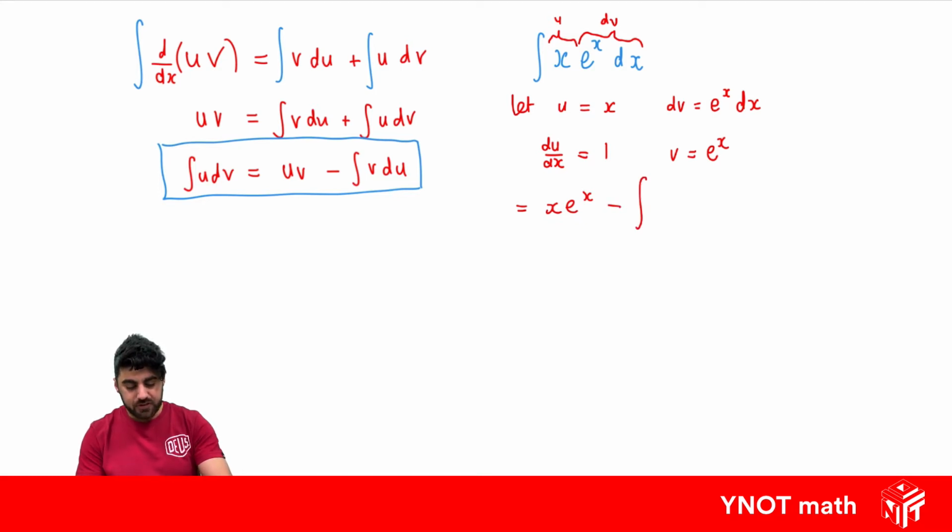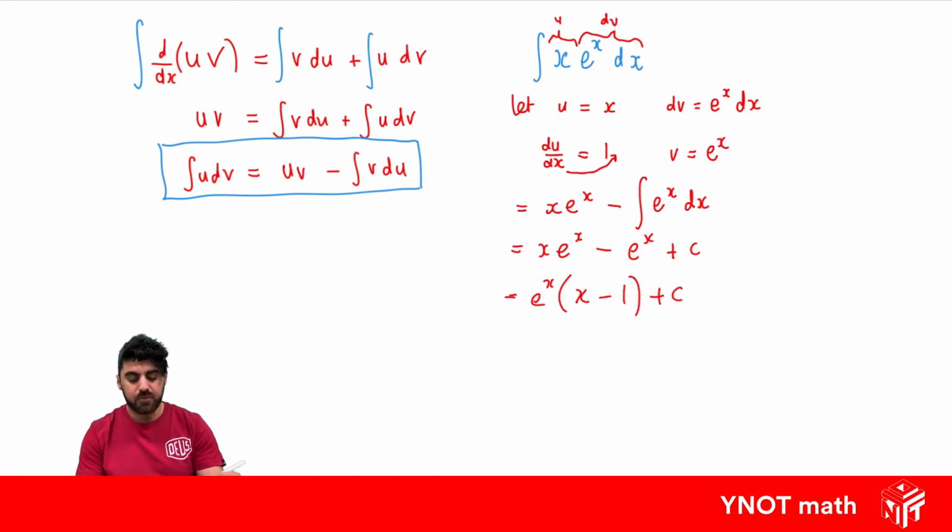Now v is just e to the x, and du, you can imagine the dx going over there, so du equals dx, and we can see this is easy now to evaluate because we get x e to the x minus the integral of e to the x, which is just e to the x, plus a constant. And if you want, you can factorize out that e to the x and get e to the x outside of (x minus 1), plus a constant for that answer.